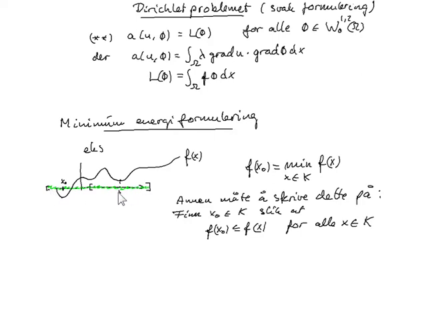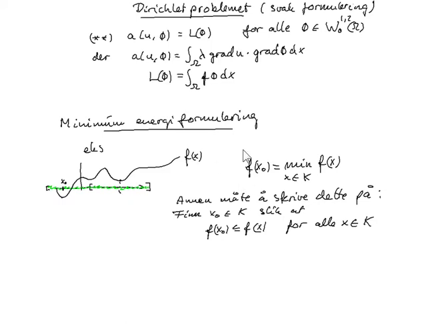If we consider the minimum of this function in this interval, then we will find that the minimum is at this point x0. If we use another interval, maybe a little bit shorter, from this point to this point, then the minimum will take place at this point.